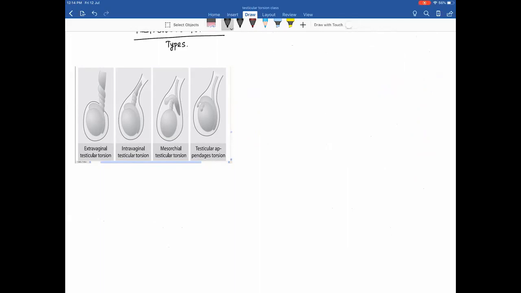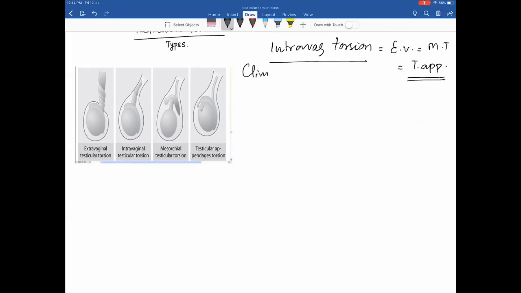Intravaginal torsion has clinical features more or less the same as an extravaginal torsion, a mesorchial torsion, and a testicular appendage torsion. That means the clinical features are indistinguishable except for the age group.